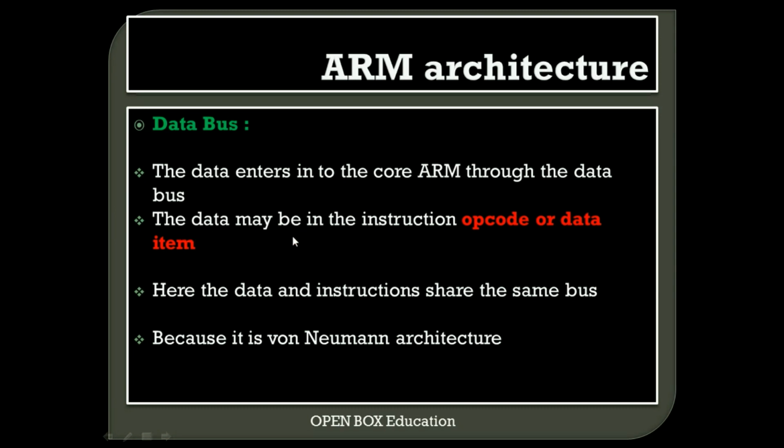The data may be in an instruction, maybe an opcode or a data item. Here the data and the instructions share the same bus because it is a Von Neumann architecture. That is why the program memory and the code memory are the same, so that the data and the instructions share the same bus.